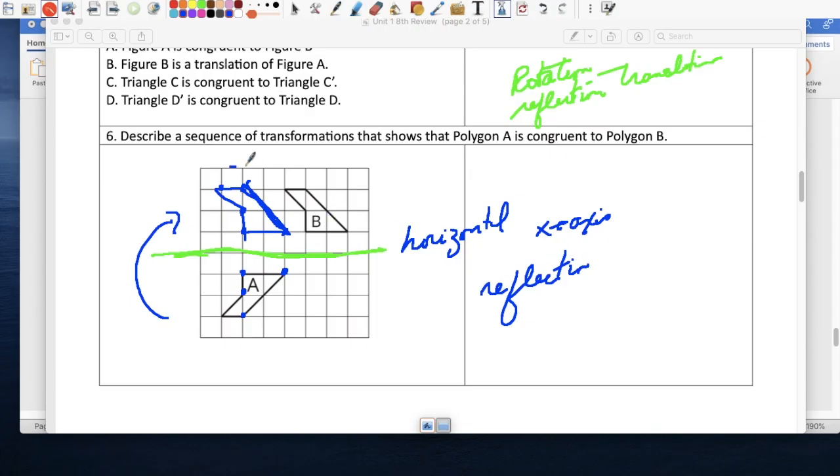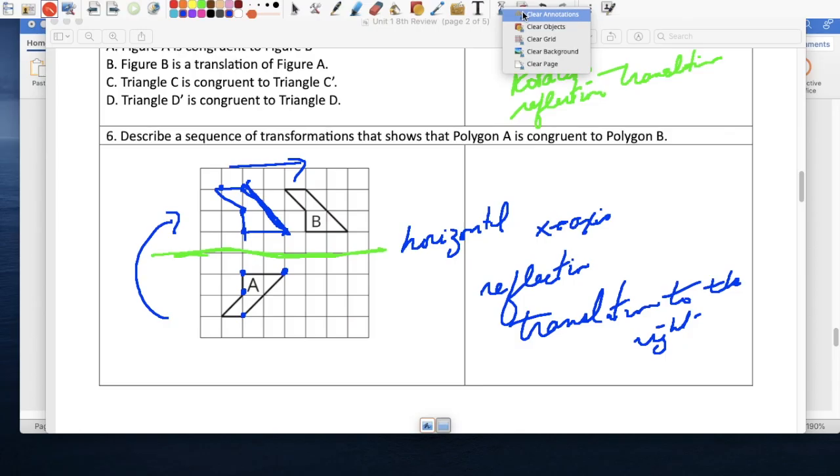So definitely reflection, and then a translation to the right. Ta-da! So by reflecting and translating this polygon A over a horizontal line, or if you had a coordinate plane, it could have been over the x-axis, and then a translation to the right.